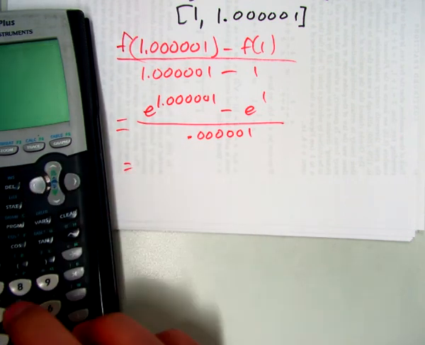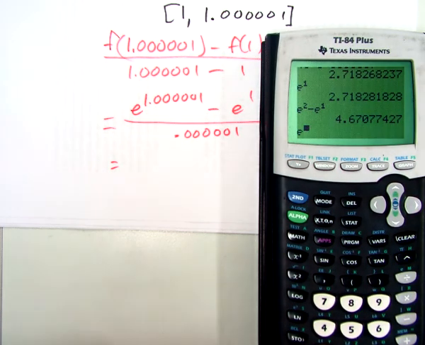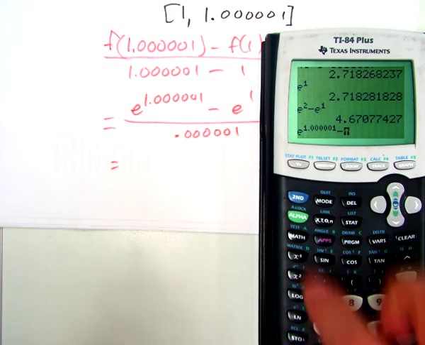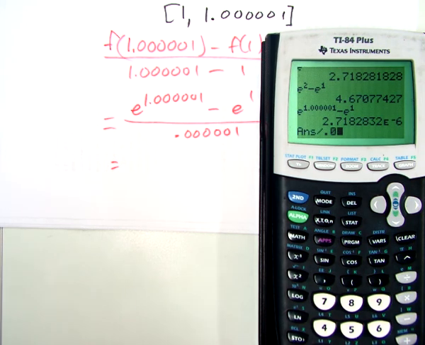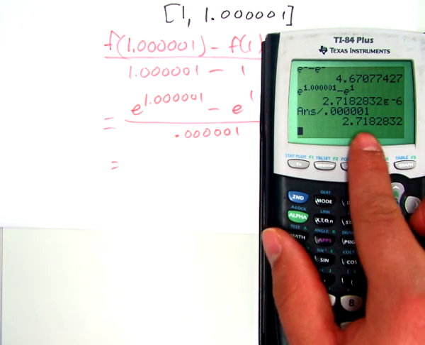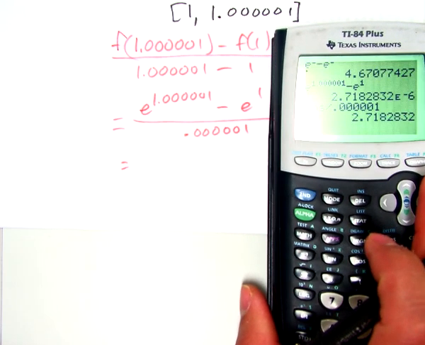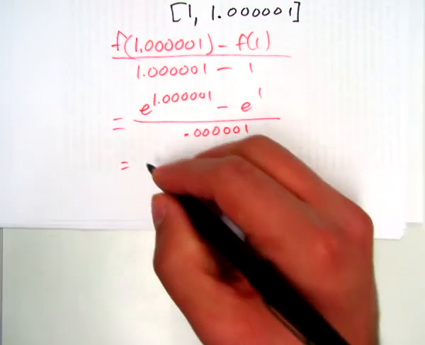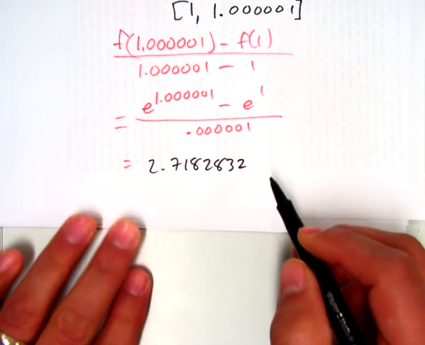So if I type this in the calculator, e to the 1.000001 minus e to the 1, and I divide that by 0.000001, we see something that looks familiar: 2.718283. That's actually e, or really close to it. This is almost e.